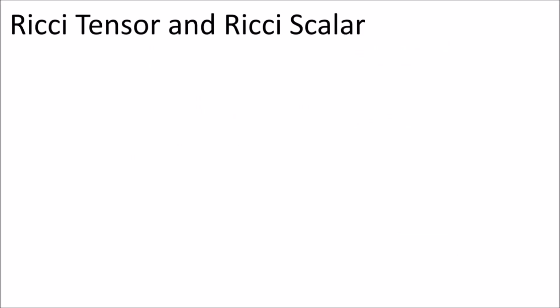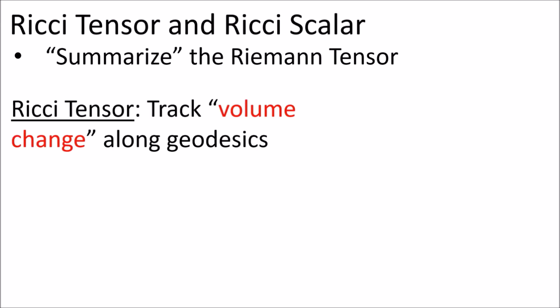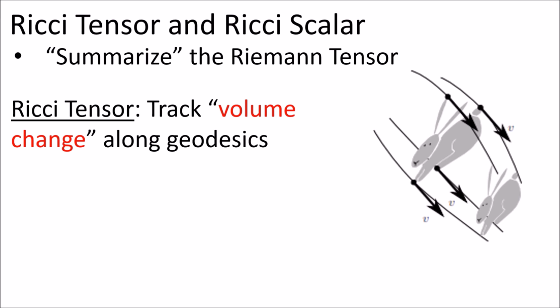So both the Ricci tensor and Ricci scalar can be thought of as summarizing the Riemann tensor that we learned about before. The Ricci tensor tracks volume changes along geodesics. So as we can see in this picture, if we take this rabbit and make all its points travel along geodesic curves, it actually shrinks in size.